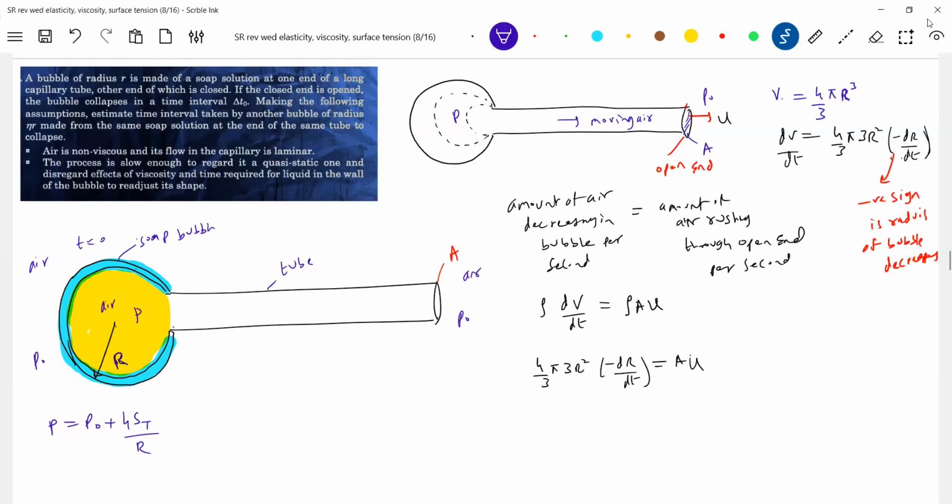Okay, applying Bernoulli's theorem between the point inside the bubble and the open end.